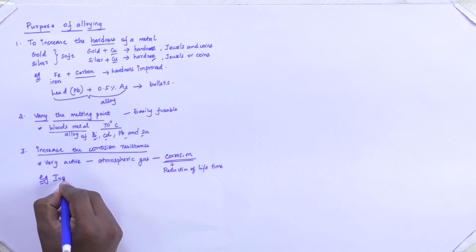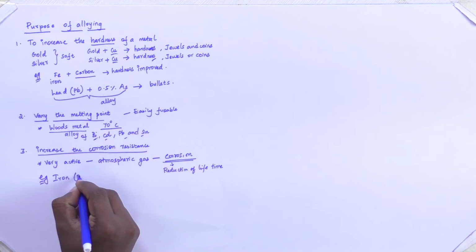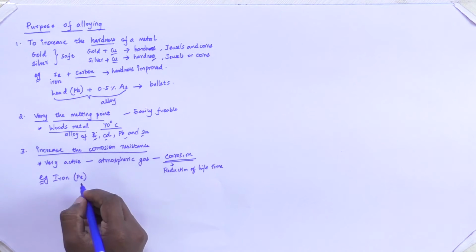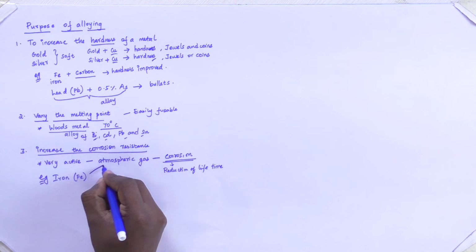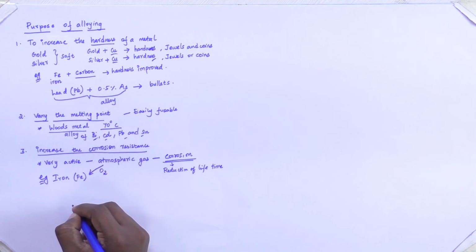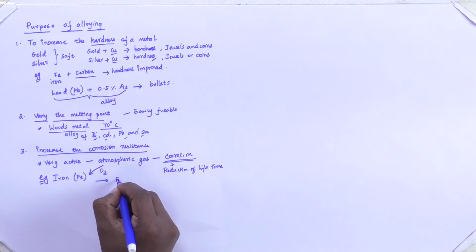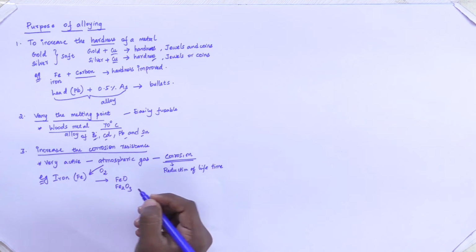iron again, which is Fe, when iron rod or iron, whatever is made of iron, is exposed to atmospheric gas, it will combine with the oxygen present in the atmospheric gas to give FeO or maybe Fe2O3 or some other products.